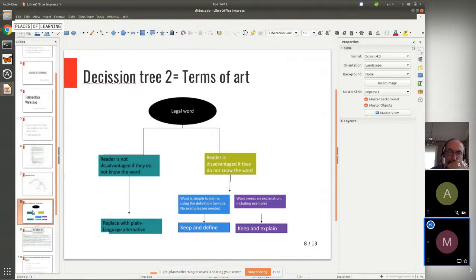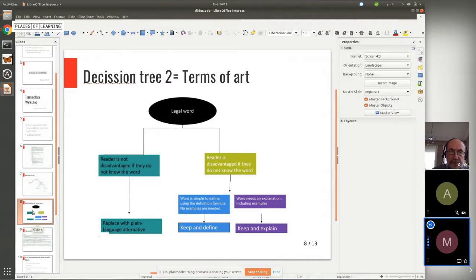Or, if the reader knows this word, will he be empowered and more protected in the relationship?